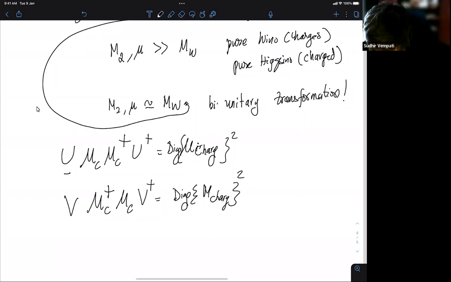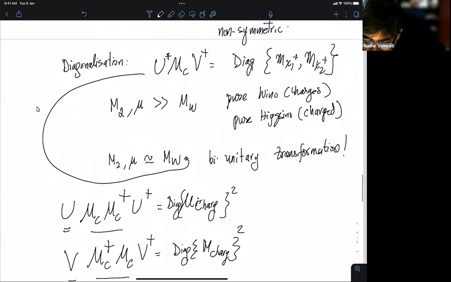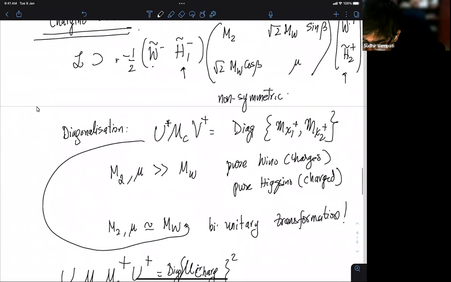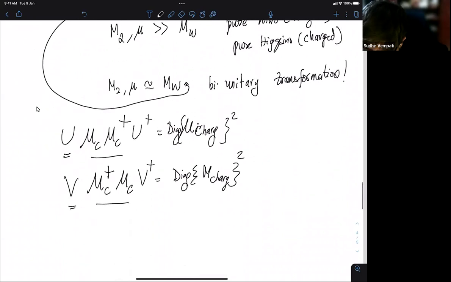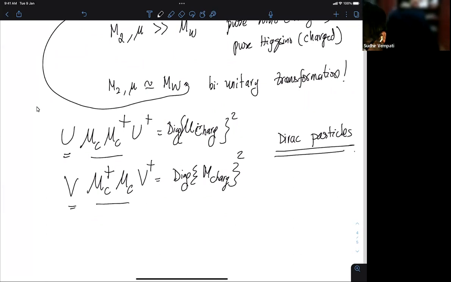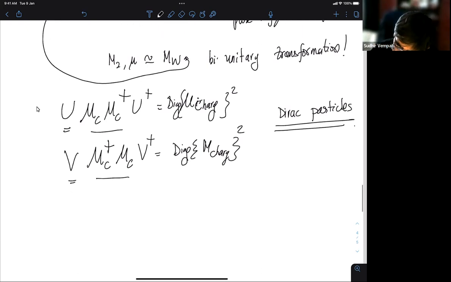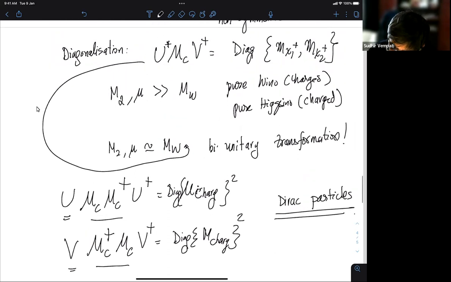So this gives you U, and you can determine V by taking the combinations M_C M_C† and M_C† M_C. That way you can determine the chargino mass matrices, and these are Dirac particles. These are not Majorana. So they have the standard Feynman rules for Dirac particles. Any questions on this?